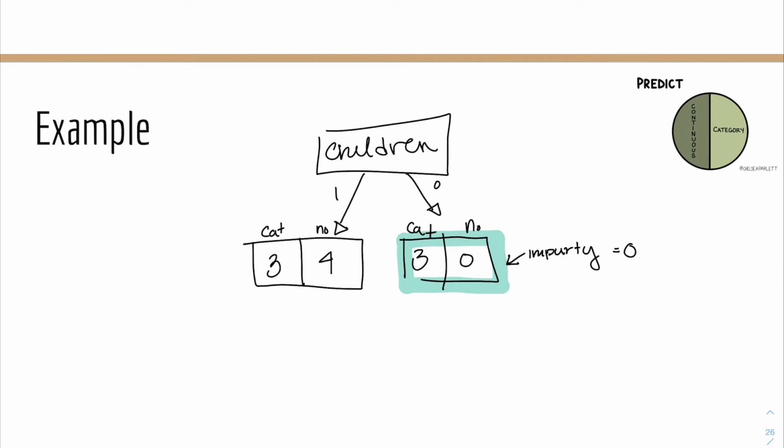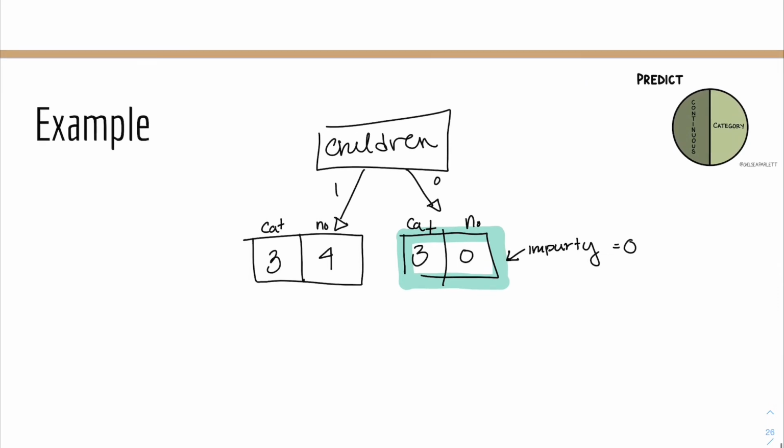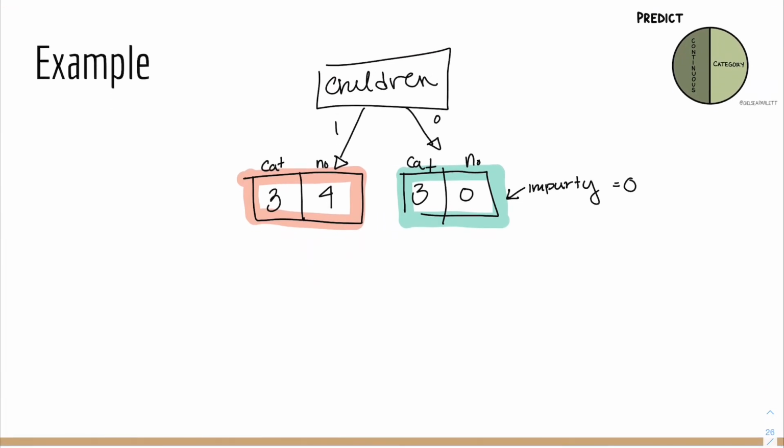But on the other side, we actually can improve it. Let's look here. Instead of just classifying everyone in this node as, for example, no cats, we can use one of our other variables to further break down the classification.